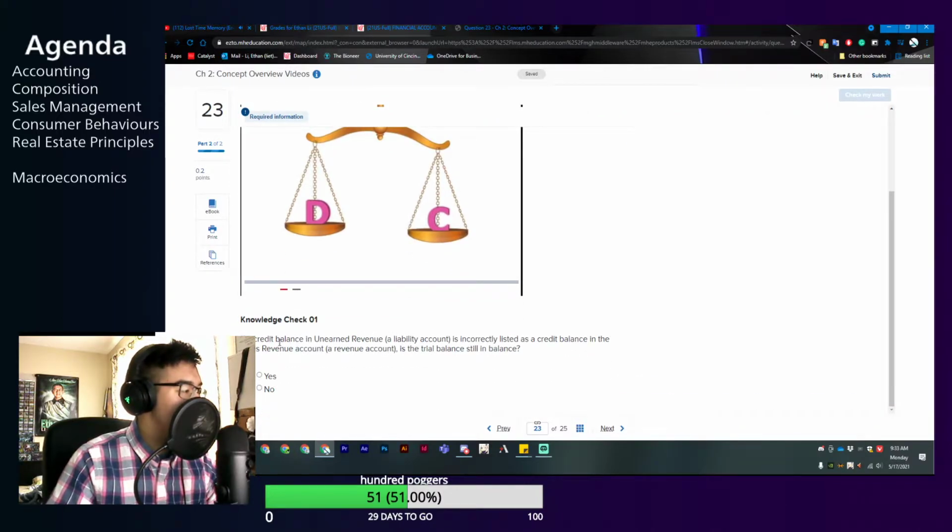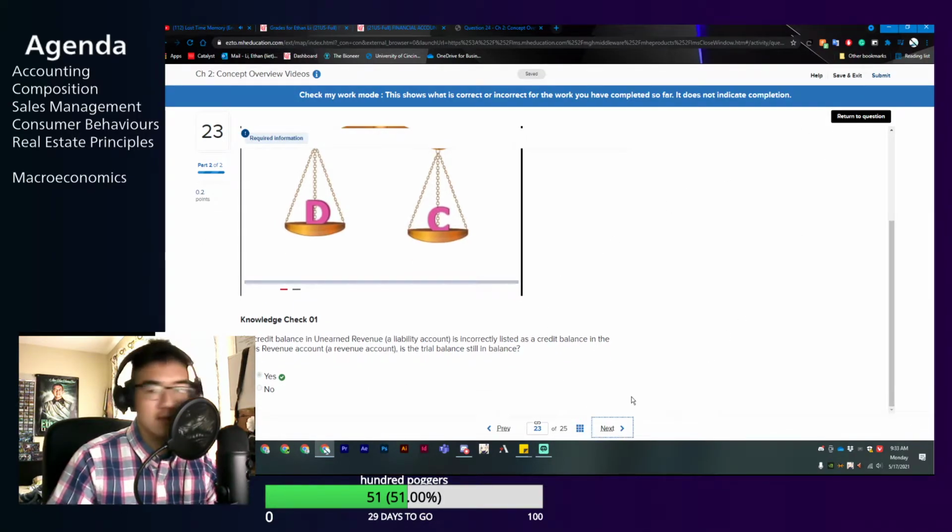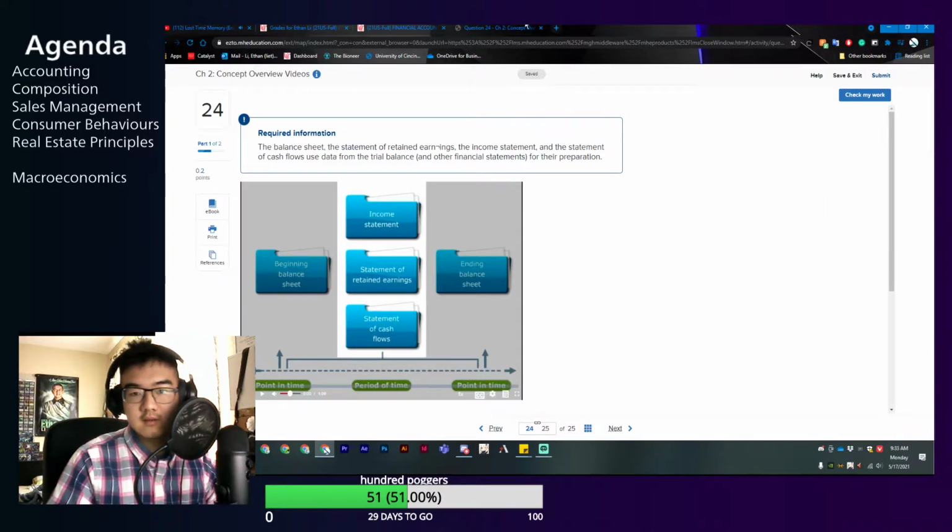If a credit balance in unearned revenue liability account is incorrectly listed, is the trial still in balance? No, technically. Maybe. Yes. Okay. Yeah. See, that's what I thought. I do know what I'm doing. Sometimes. Not very often. But sometimes.